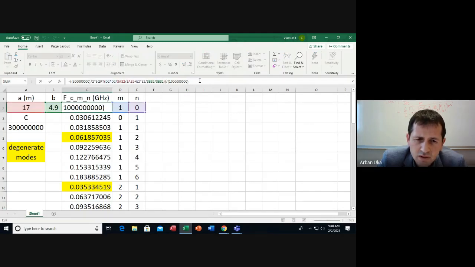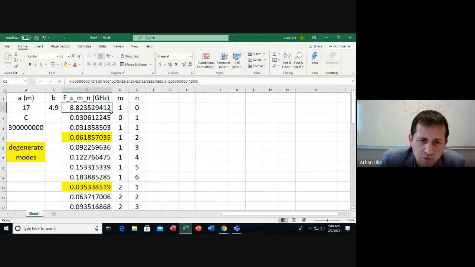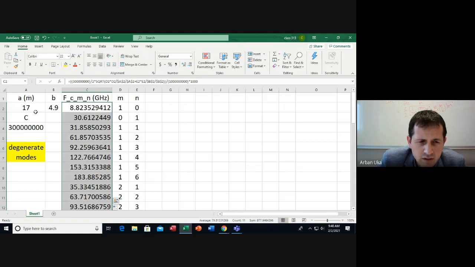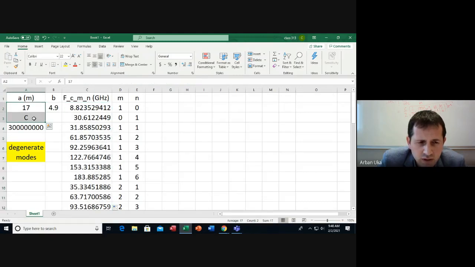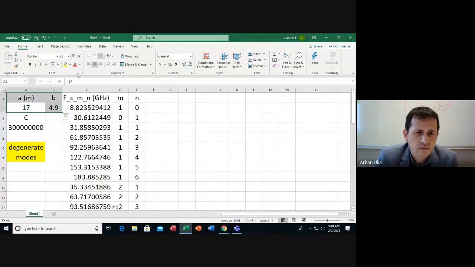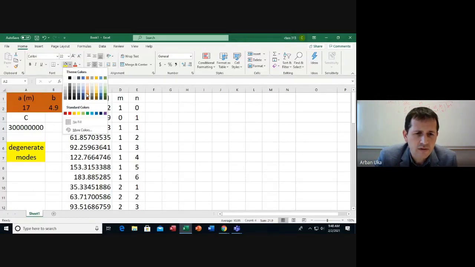If we want to turn this into megahertz, we have to multiply by 1000. So from giga, we get 8.8. And this is what we observe: these are the cutoff frequencies of the electromagnetic wave in a tunnel with parameters of 17 meters and 4.9 meters. So these are the parameters of the tunnel.